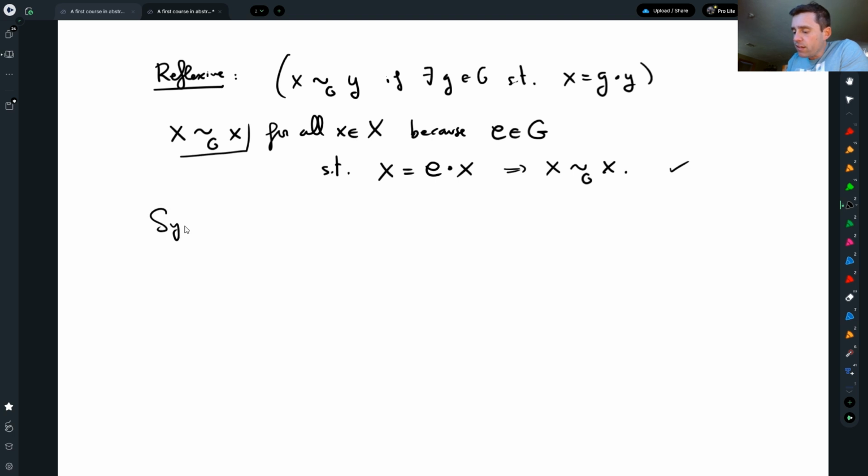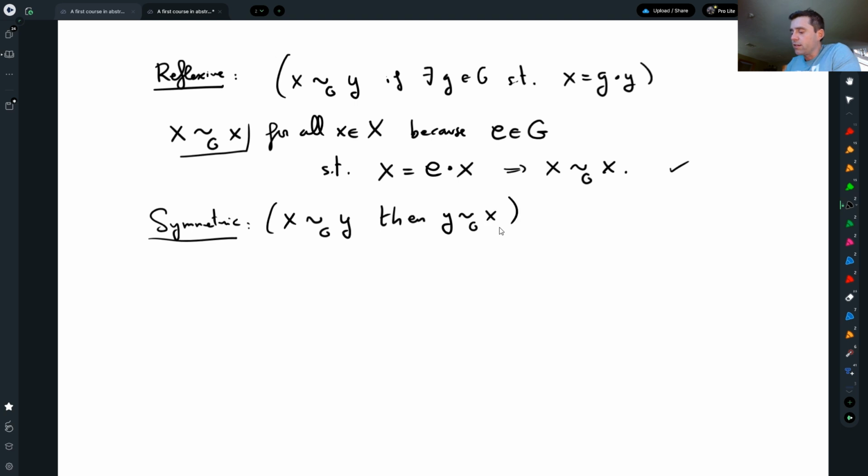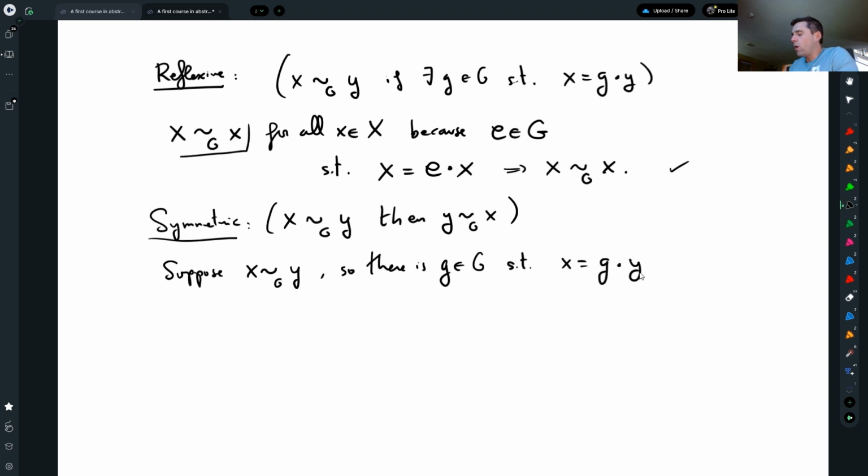Let's prove that it's symmetric. So what we want to show is that if x is equivalent to y, then y is equivalent to x. So let's suppose that x is G equivalent to y. And so there is some g in G such that x is g acting on y.